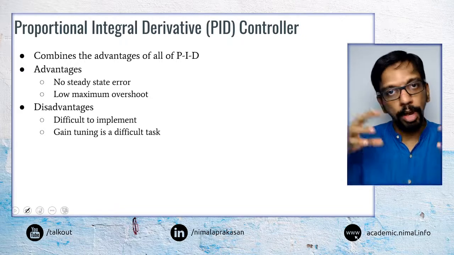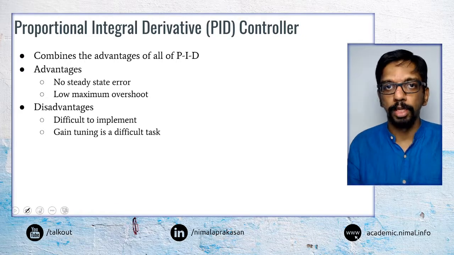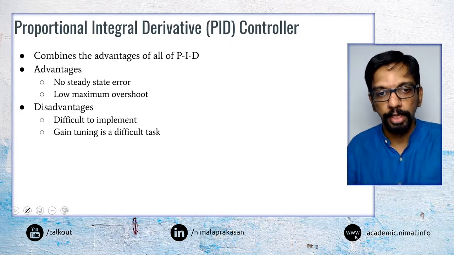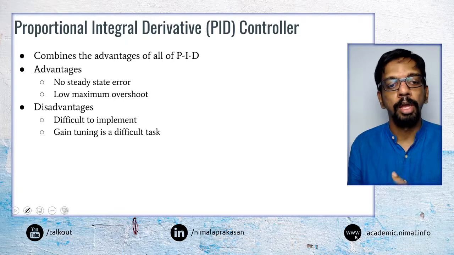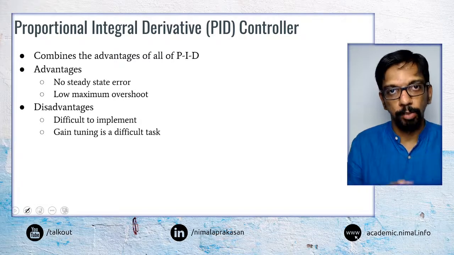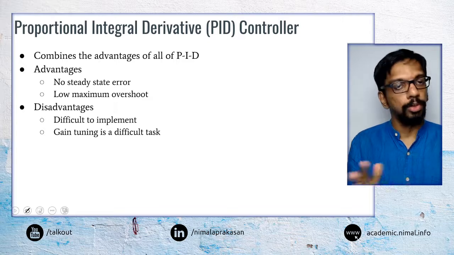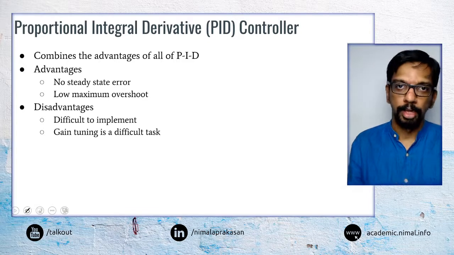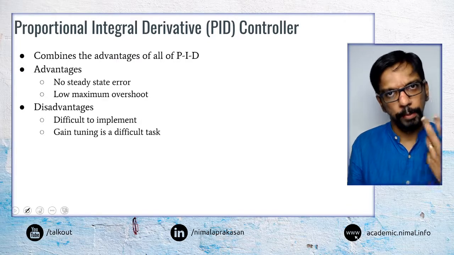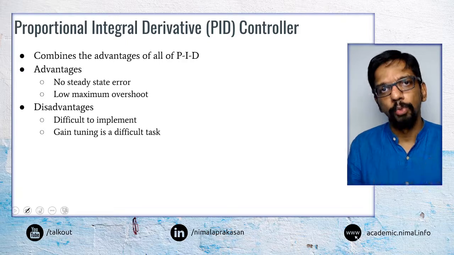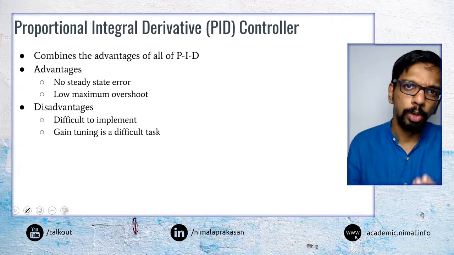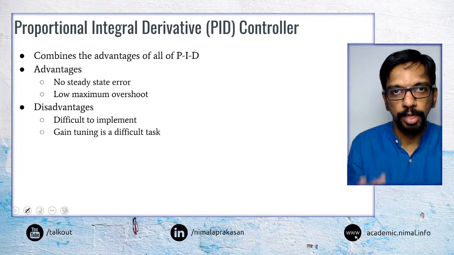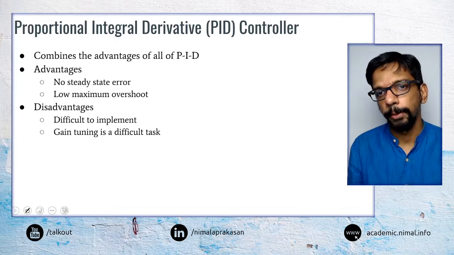So when we combine all PID components, now we don't have the steady state error problem, and also we reduce the maximum overshoot issue. So those are some advantages. But one of the main disadvantages is now we need more computational capabilities. It becomes much more complex to implement. The implementation becomes much more difficult.